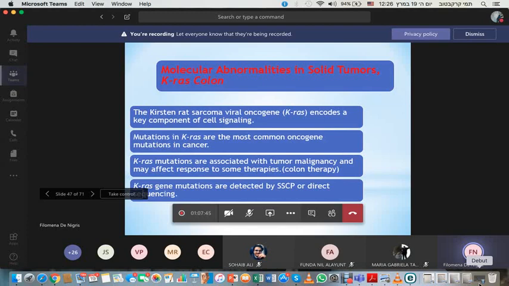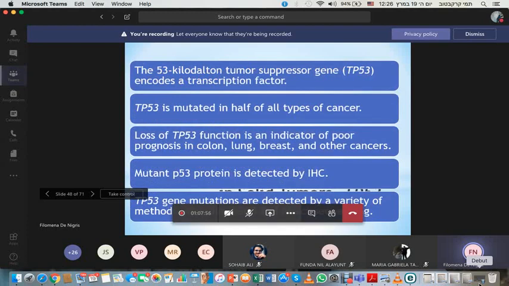Generally, molecular biology technology is important to personalize the treatment of patients. Also, P53 is a very common mutation associated with a lot of tumors.